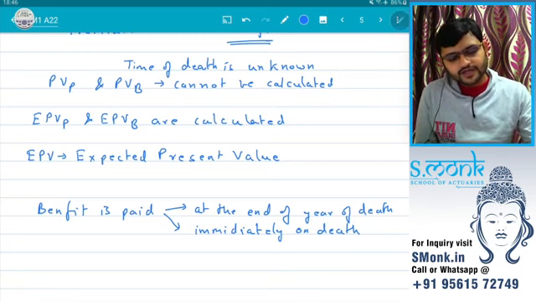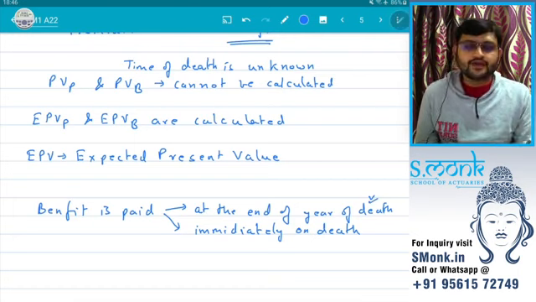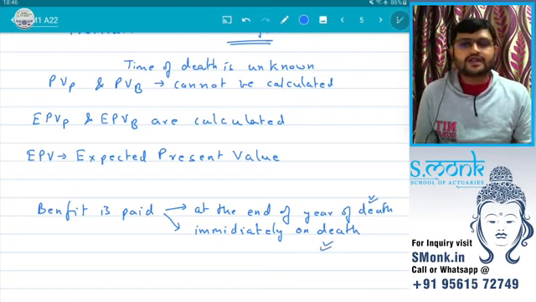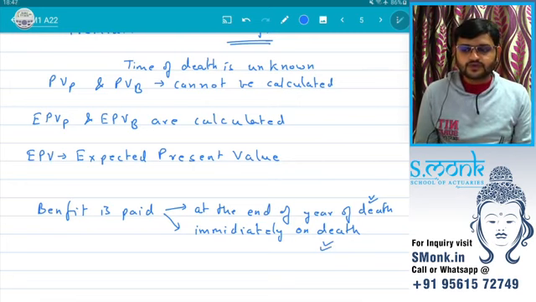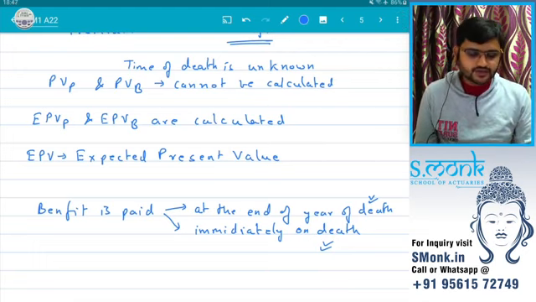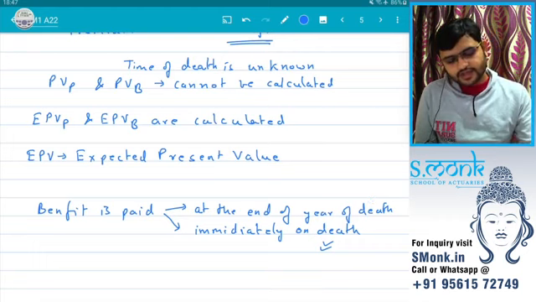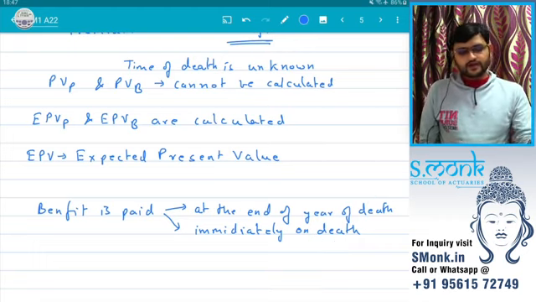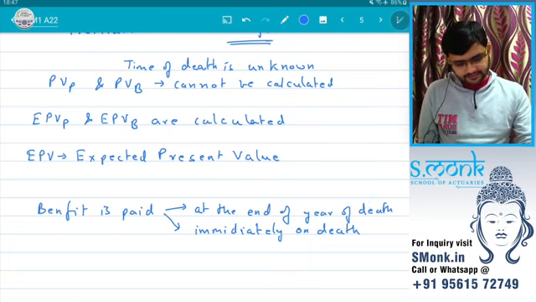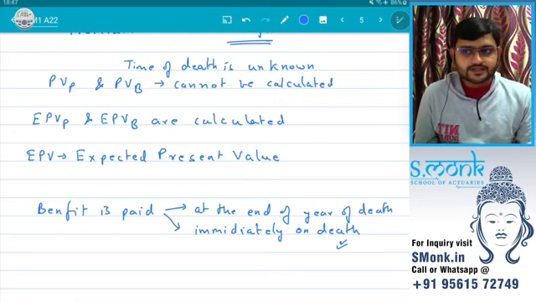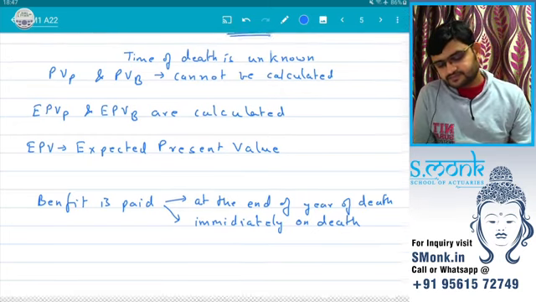We will be calculating either with payment given at the end of the year of death, which is easier to calculate, or immediately on death, which is closer to the exact value.